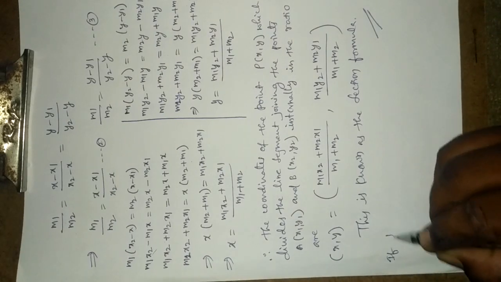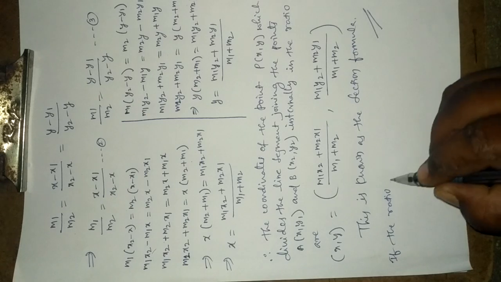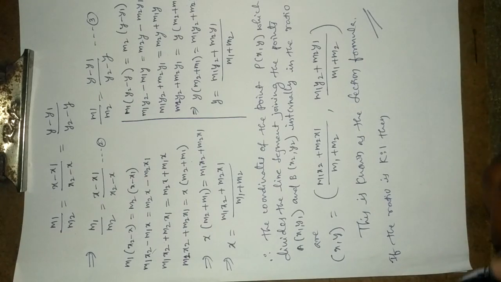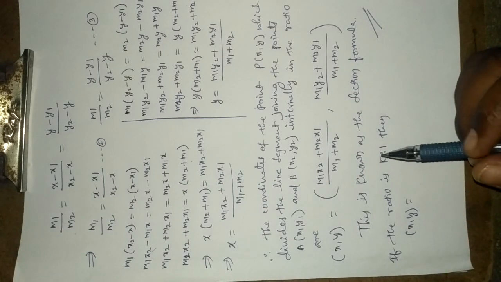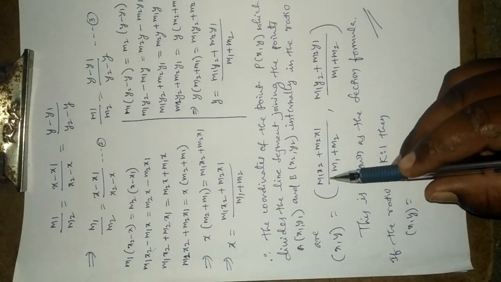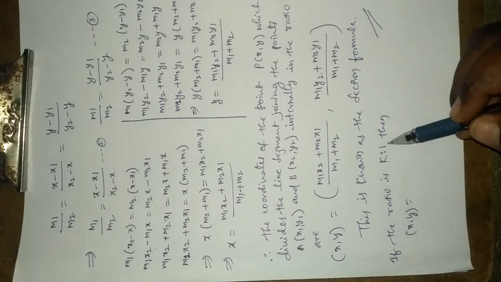This is a note: if the ratio is k is to 1, then how to write x comma y? You have to replace m1 by k and m2 by 1.